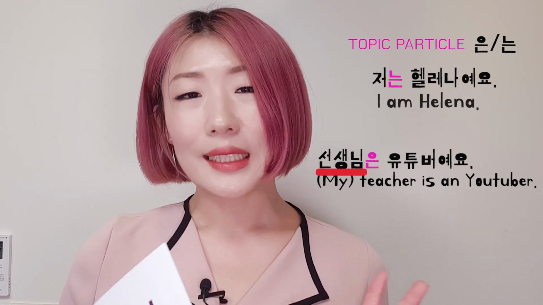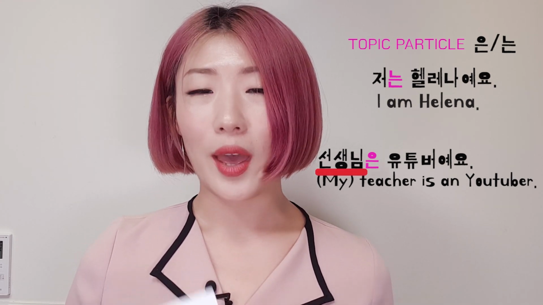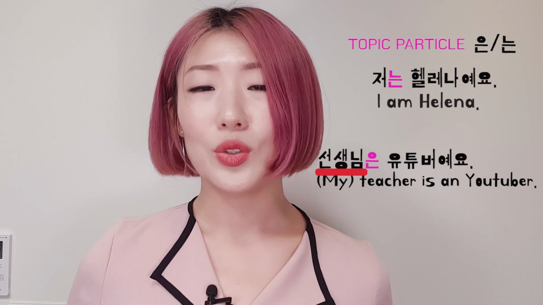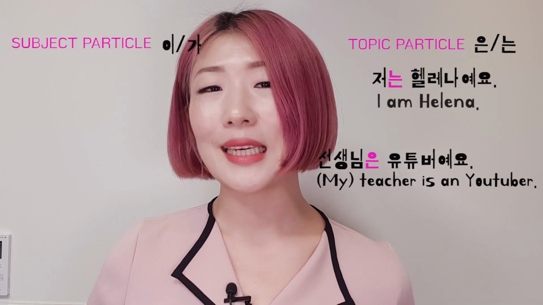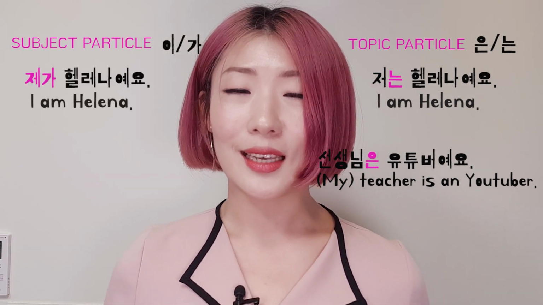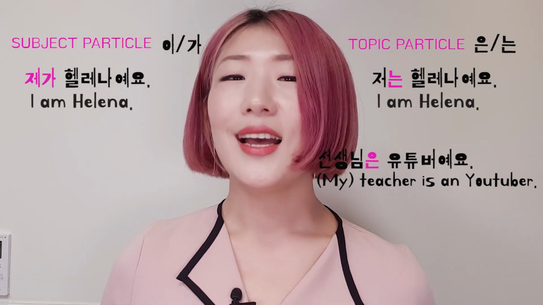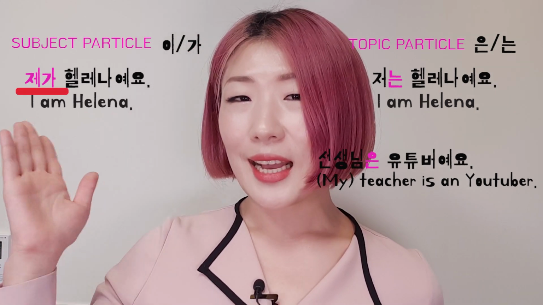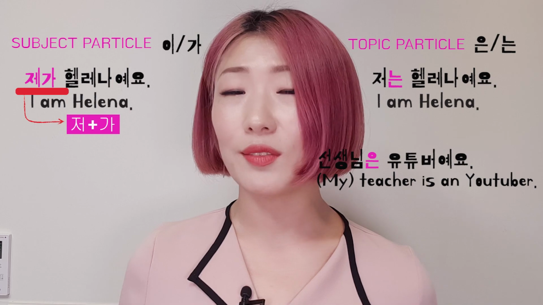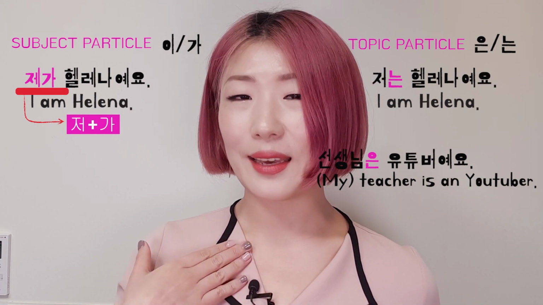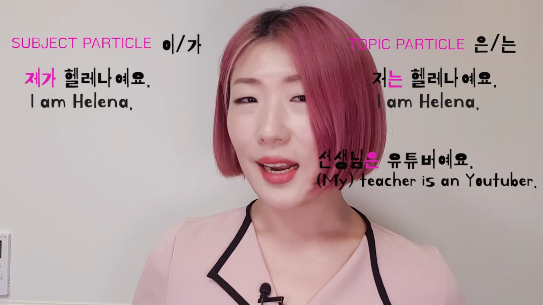And 선생님 has a final consonant, so after the final consonant, we can use 은. Using this, we can make 이/가 sentences like this. 제가 헬레나예요. 제가 is kind of 저 plus 가, but we use it in conversation. 제가, I am, alright? So 제가 헬레나예요.